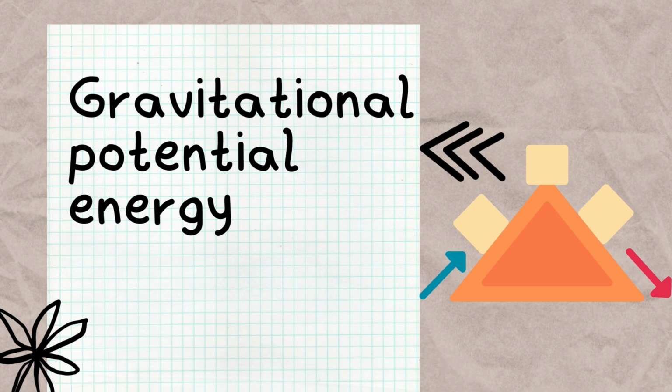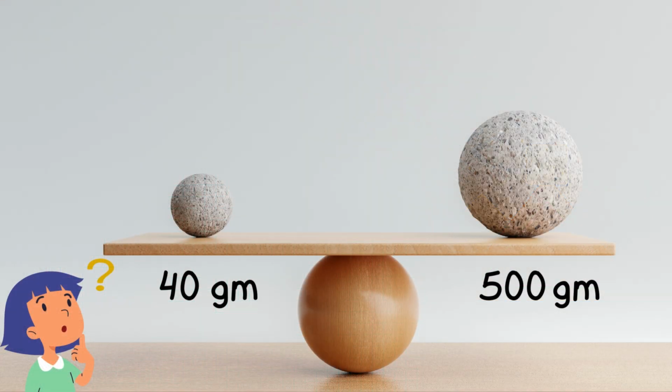Okay, here you have a small ball that has a mass of 40 grams, and we have another heavy ball that has a mass of 500 kilograms. What do you think? Which one of these balls will have more potential energy? The 40 grams ball or the 500 grams ball?